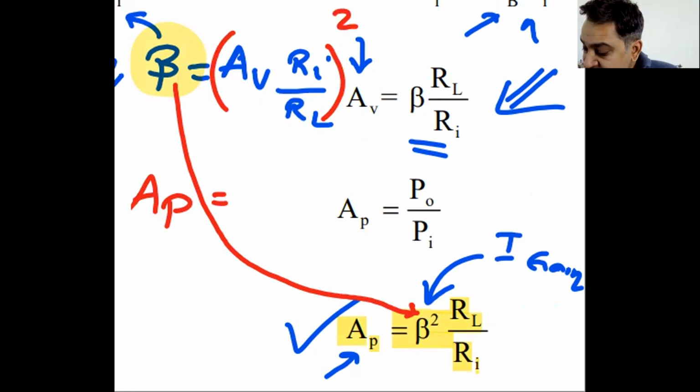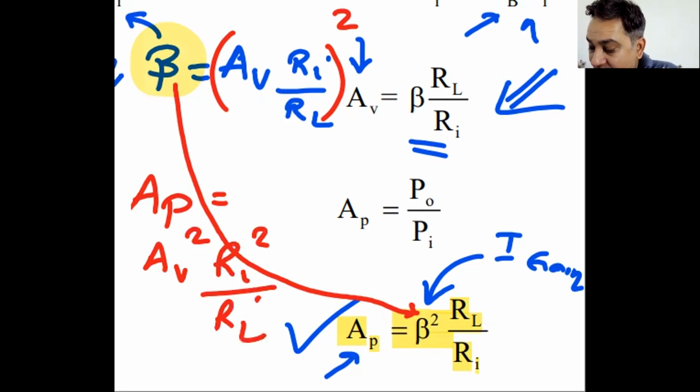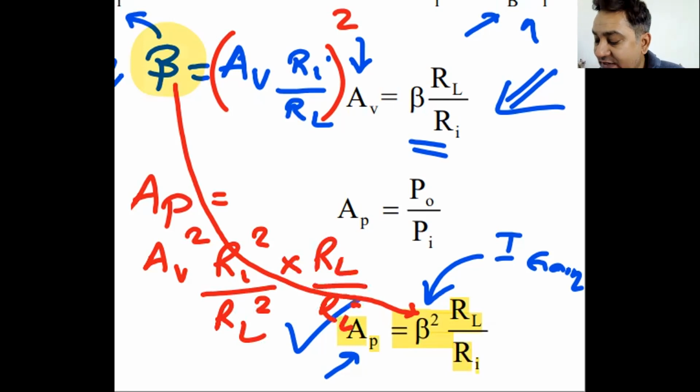So it will be AV squared into RI squared divided by RL squared, multiplied by RL divided by RI. Do we understand this? Yes, sir. One RI will get cancelled. One RL will get cancelled. Do we understand this? Yes, sir.